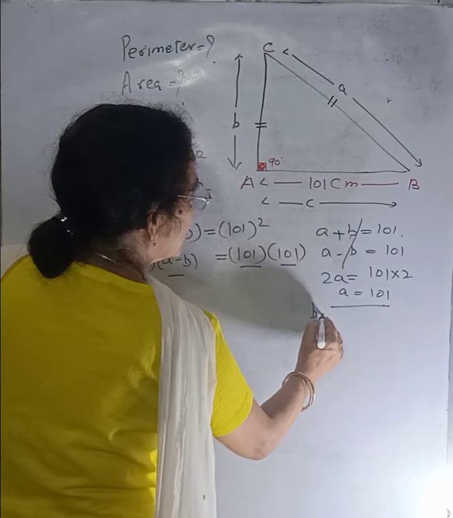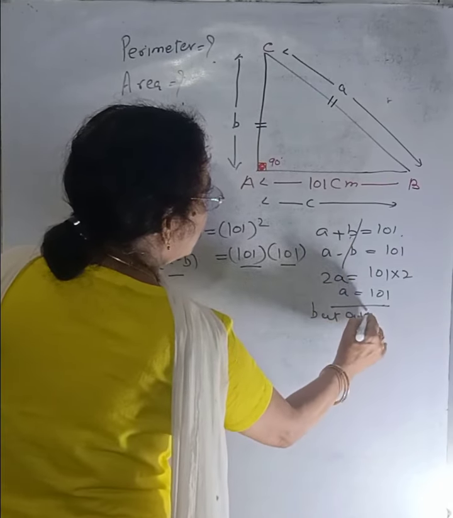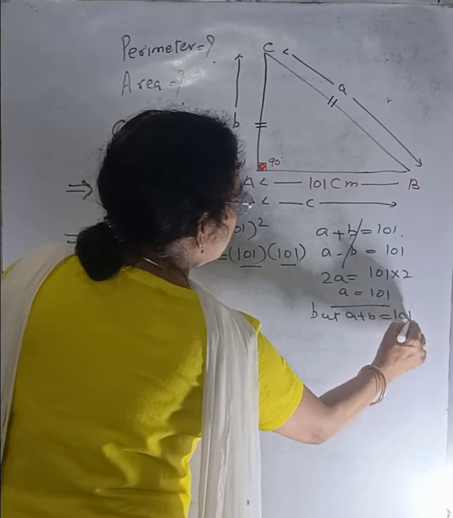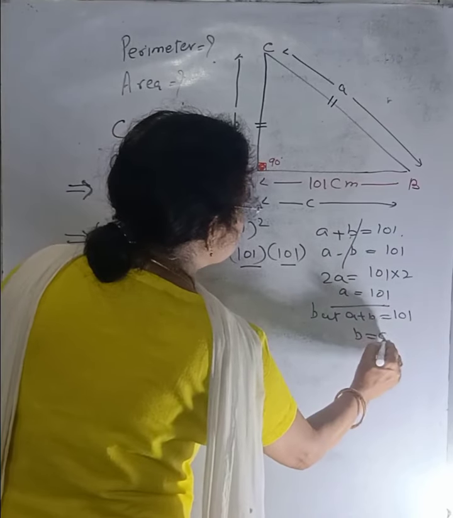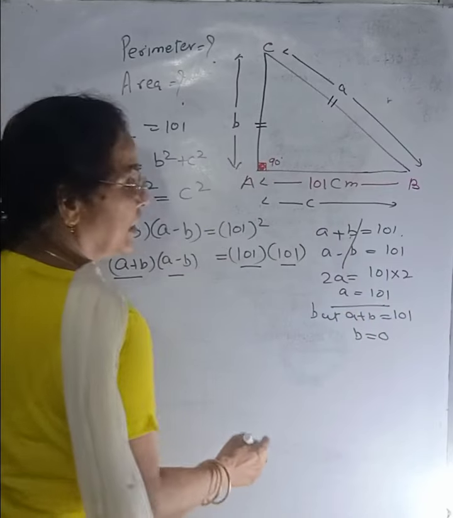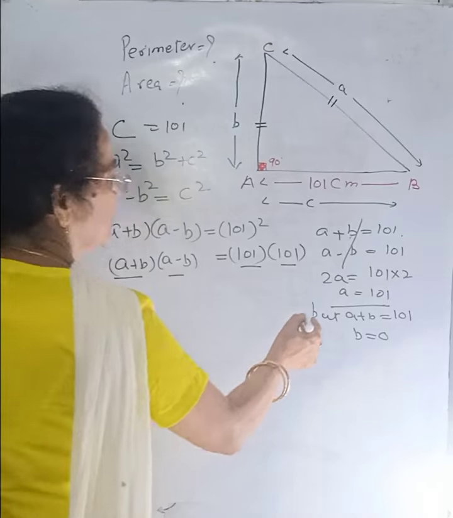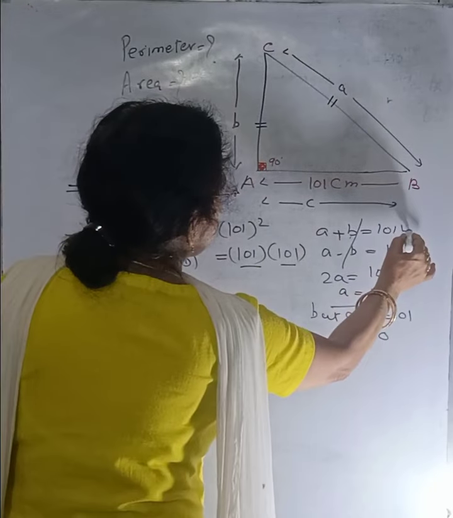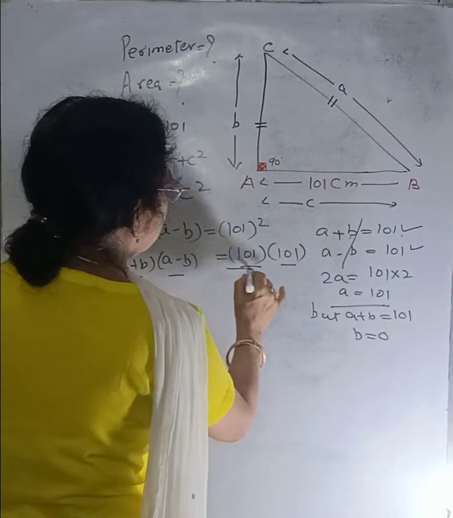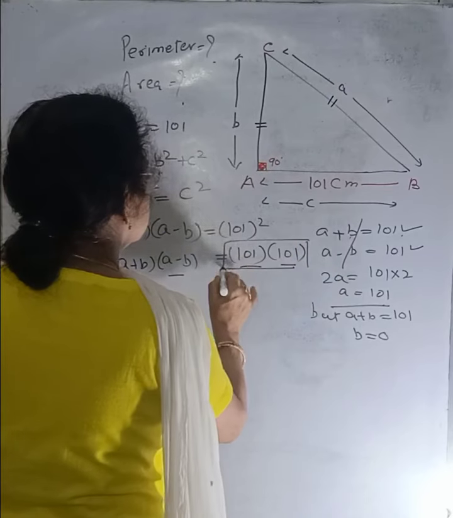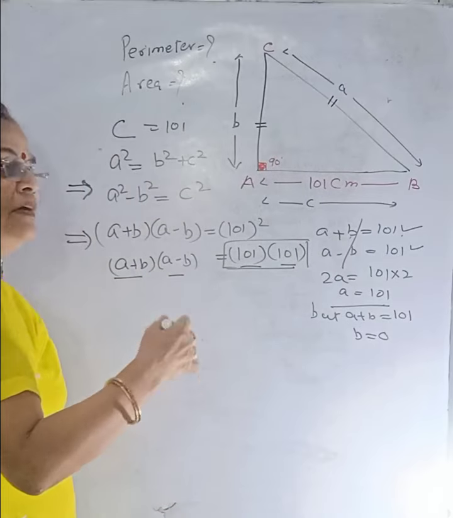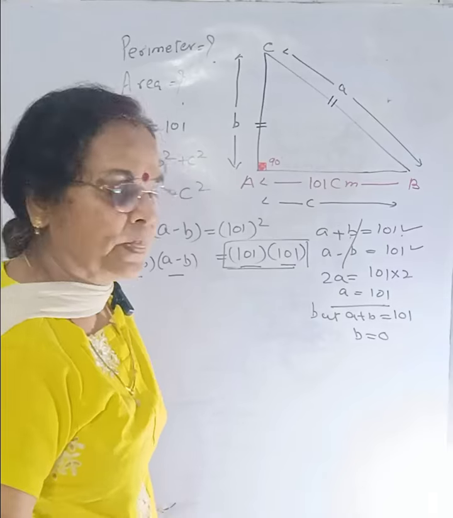But A plus B itself is equal to 101. So that B will be 0, which is not possible. If B will be 0, अगर B 0 हो जाएगा तो ट्रायंगल नहीं बन सकता. So this case is not possible. It means we can't take this factor because in this case one arm will be 0.